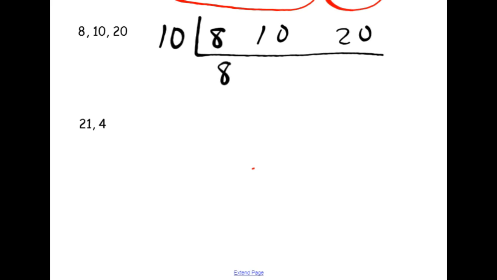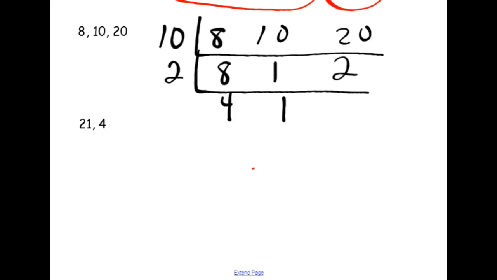10 times what gives us 10? 1. And 10 times what gives us 20? 2. Now we look at our 3 numbers and say, is there anything that is a factor of both 8 and 2? And 2 is a factor of 8 and 2, so we're going to put that on the outside. 8 divided by 2 is 4. We're going to just bring down that 1, and 2 goes into 2 once.